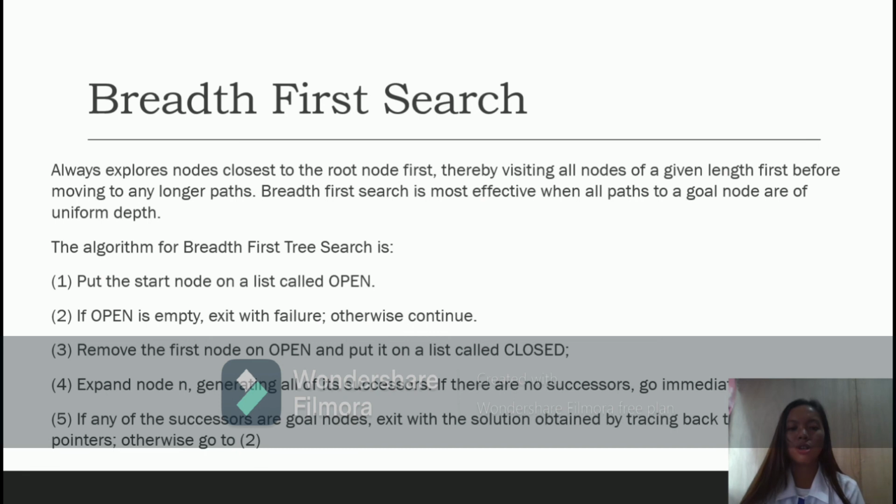If there are no successors, go immediately to number 2. Put the successors at the end of open and provide pointers from these successors back to n. Lastly, if any of the successors are goal nodes, exit with the solution obtained by tracing back through the pointers, otherwise go to number 2.